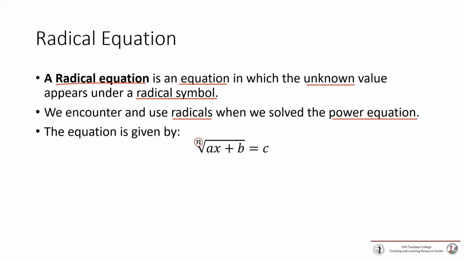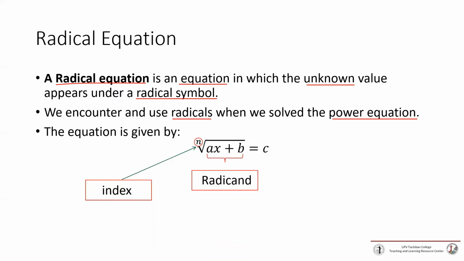Now what is n? N here is what we call the index, and this ax plus b is called the radicand. So the value or the expression inside the radical symbol is what we call the radicand, while this is the radical sign or the radical symbol.